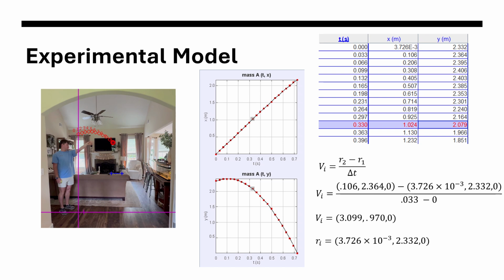The initial position consists of the first values, which is 3.726 times 10 to the negative third, 2.332, 0. In the graphs in the middle, you can also see the x distance is linear, and this is because drag is not really affecting it. And then the y distance compared to time is kind of like a parabolic drop.